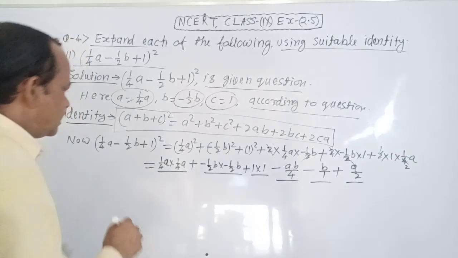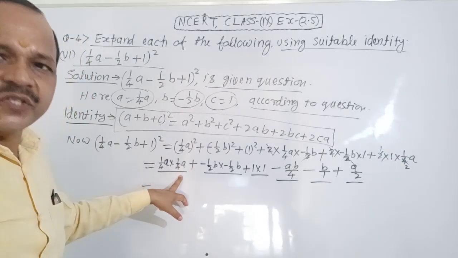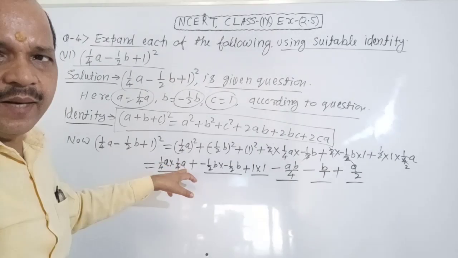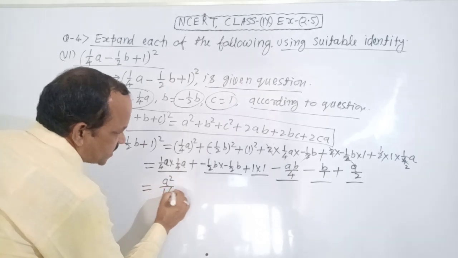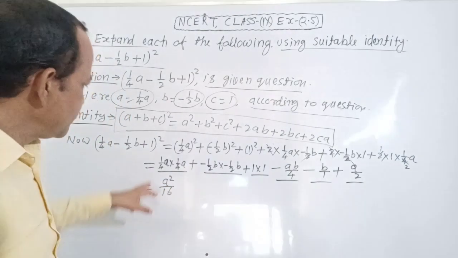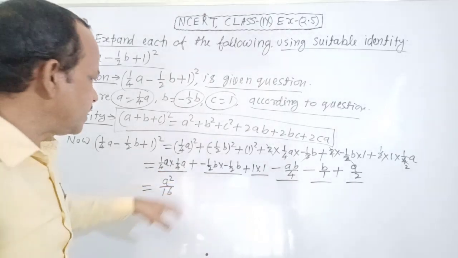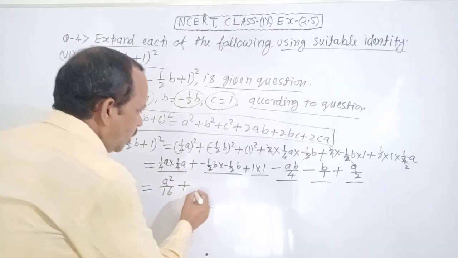Very good. Now you can write here 4 4s are 16. A and a multiplied become a square. You can write a square by 16. Is it clear? Plus here 2 2s are 4.